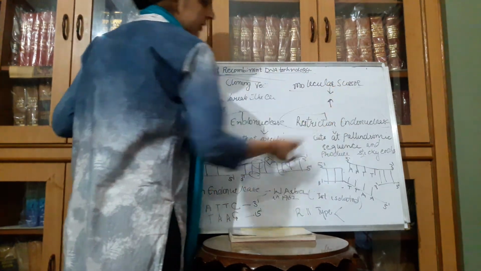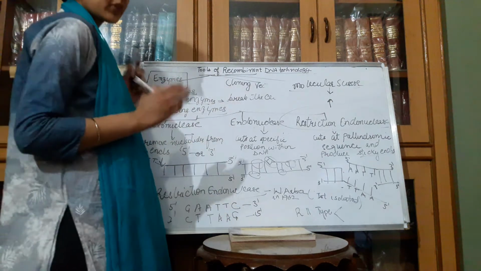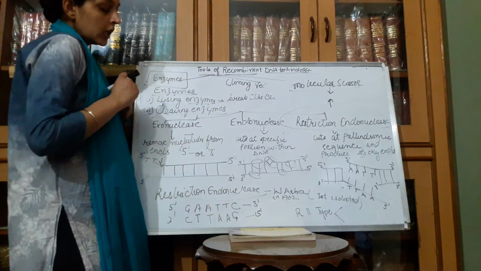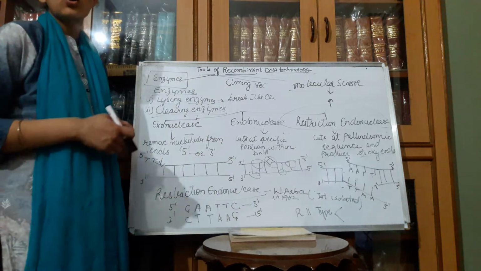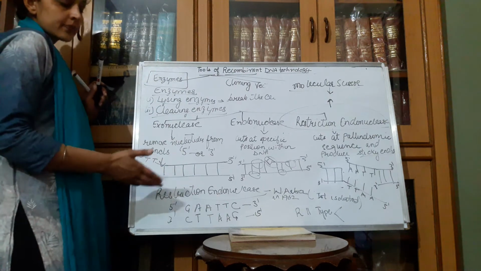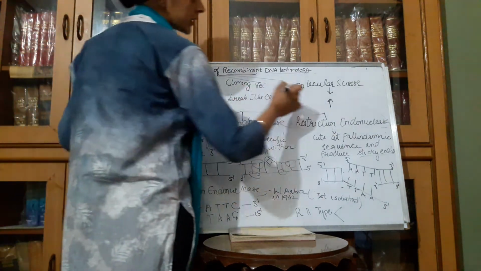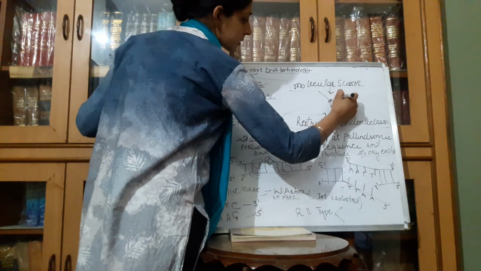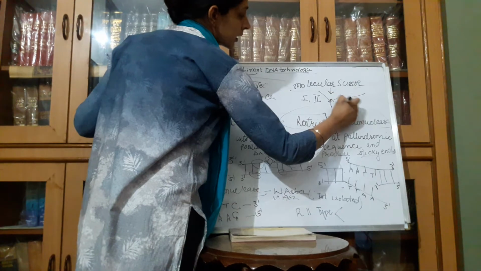This molecular scissor, the restriction endonuclease enzyme, was first isolated by W. Arber in 1962, and he even got the Nobel Prize for this. The restriction endonuclease enzyme is of three types: type 1, type 2, type 3.